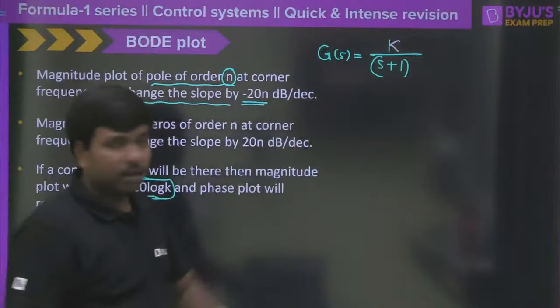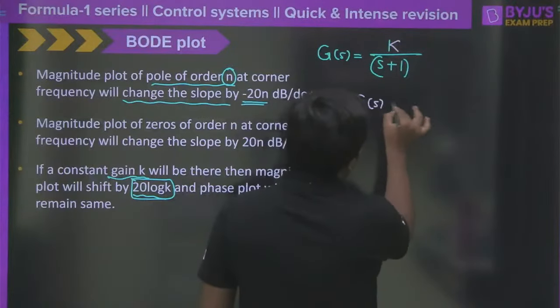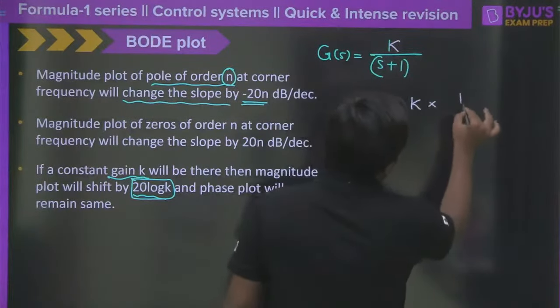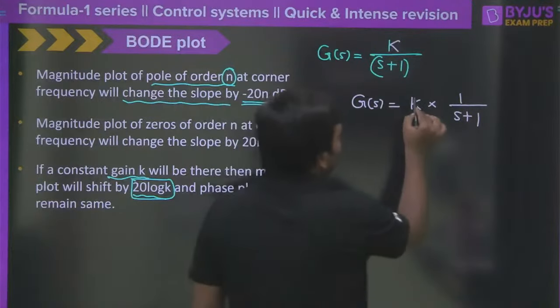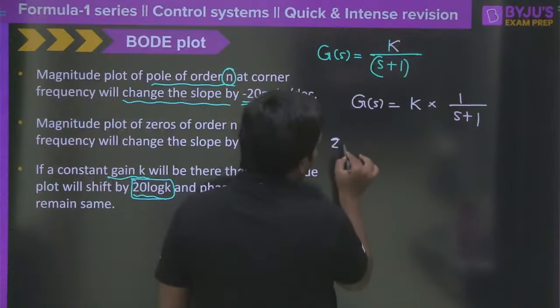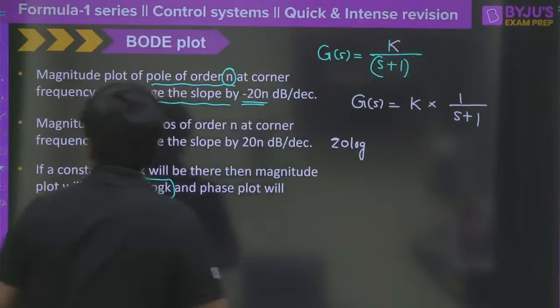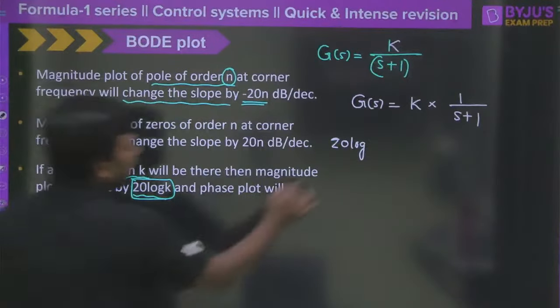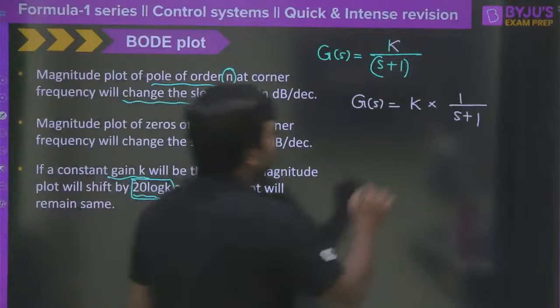Look at the way I am going to do it here. I will write this G(s) as k into 1/(s+1).